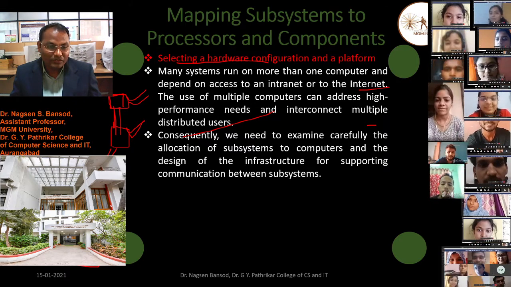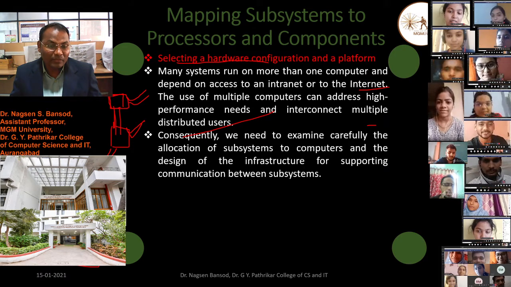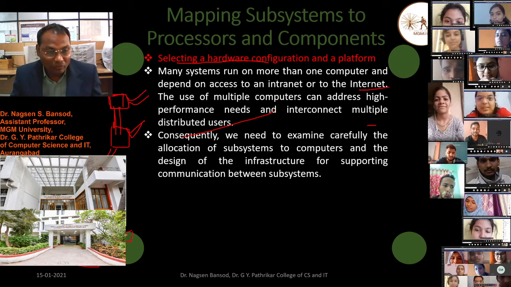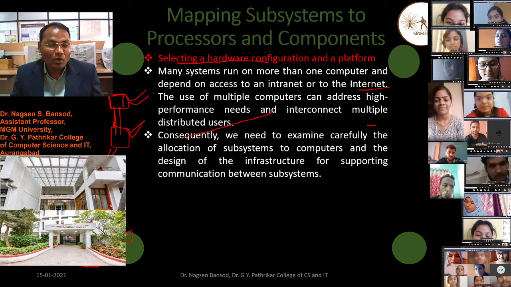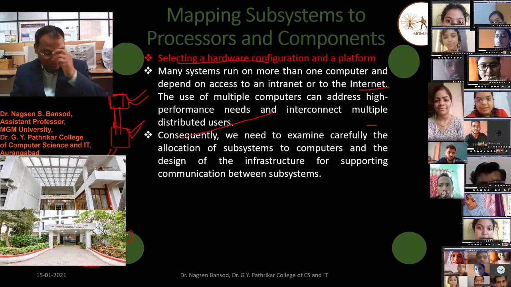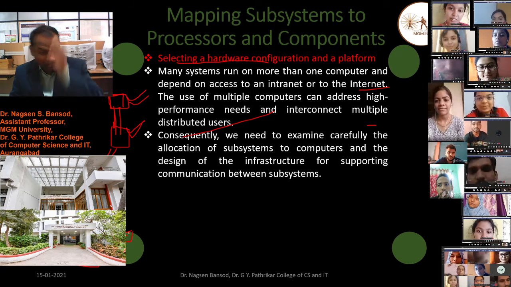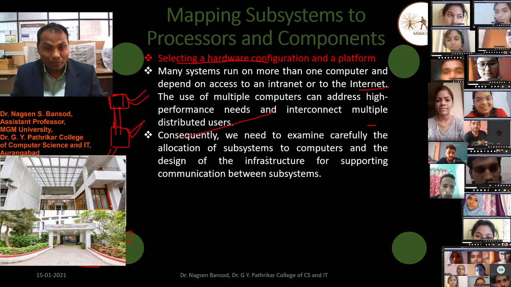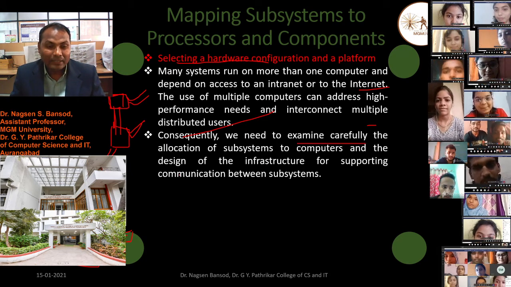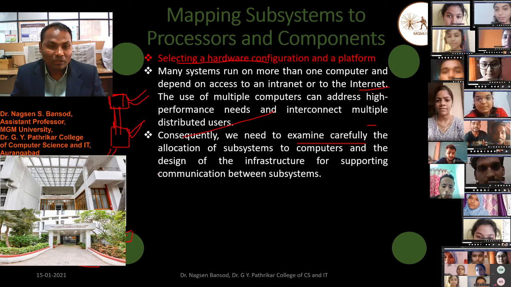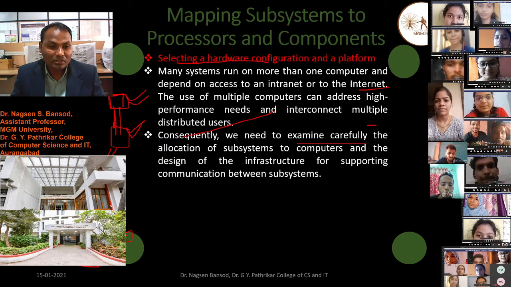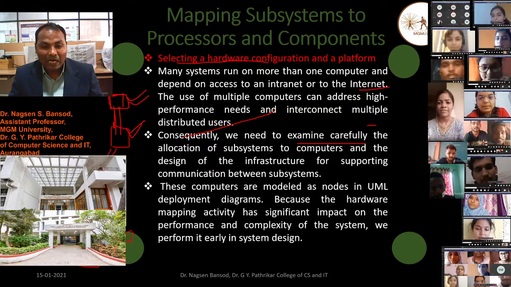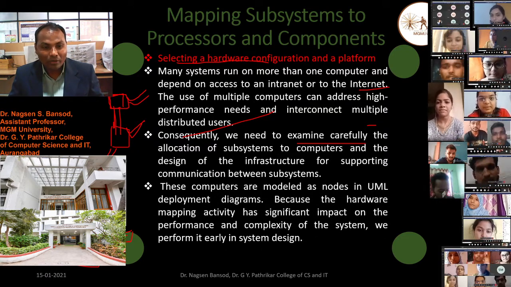Before designing the software, before taking the requirements, we have to examine on which computer our software will be installed after giving it to the company. Then allocate the subsystems to the computers and design the infrastructure for supporting communication between subsystems. These computers are modeled as nodes in a UML deployment diagram.